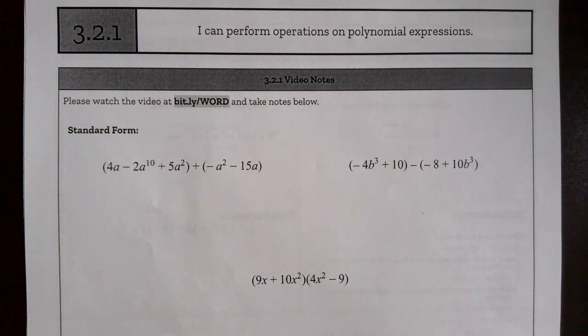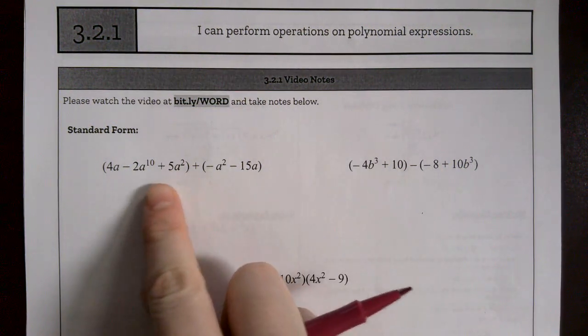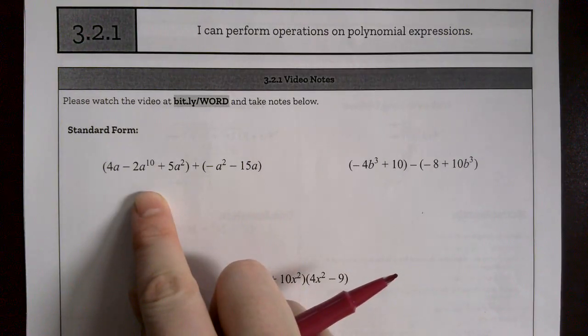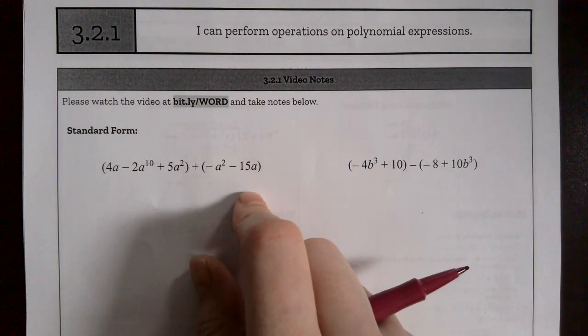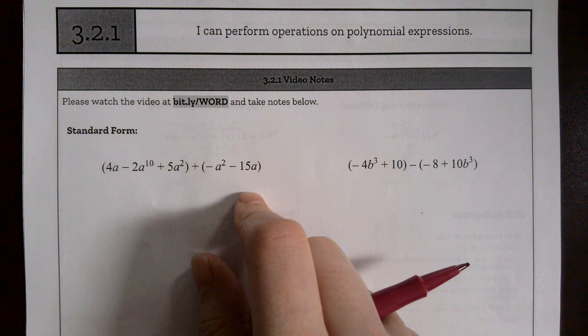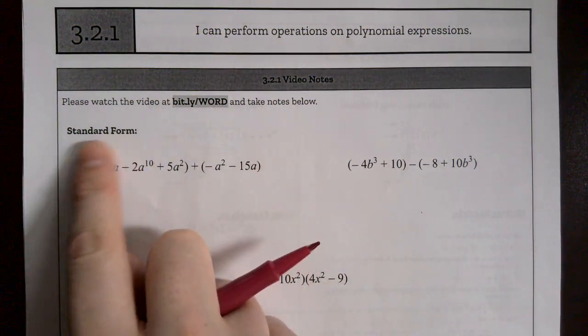Whenever we're dealing with polynomials, they are basically just expressions with variables, and they have different exponents typically. The one thing you want to keep in mind is that all of our answers should be in standard form.